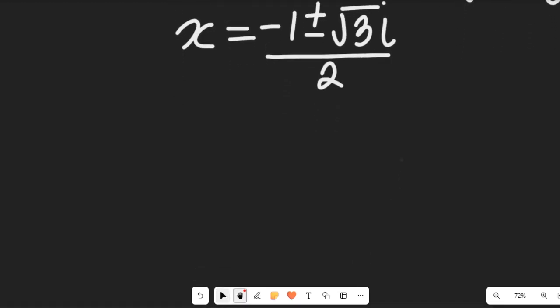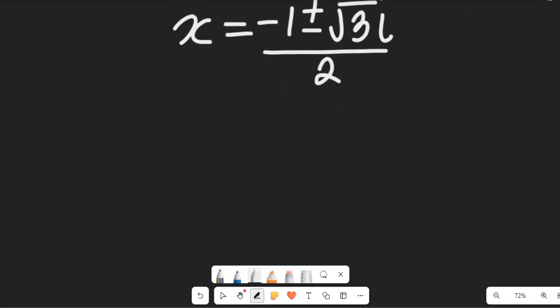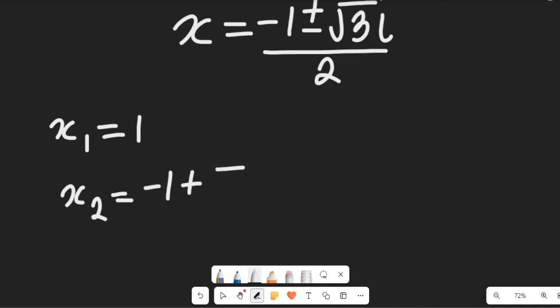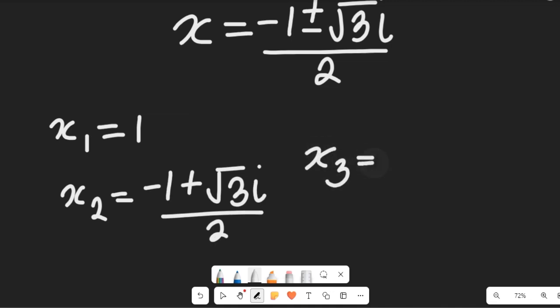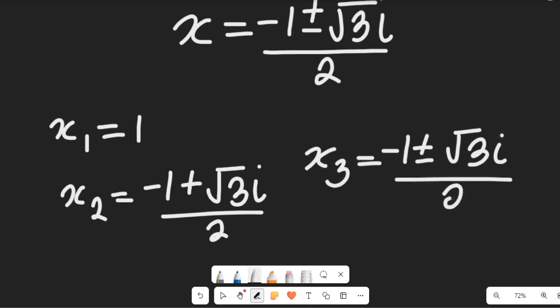So the values of x from those expressions: x1, we got as 1; x2, we got to be equal to negative 1 plus the square root of 3 j, divided by 2; and x3 is equal to negative 1 minus the square root of 3 j, divided by 2.